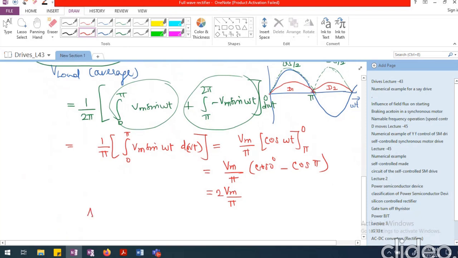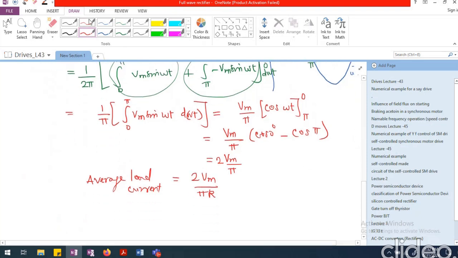Whereas if I try to look at the average load current, that will be 2 Vm divided by pi R, if R is the resistance. I can even calculate the RMS value. If I want to calculate RMS load voltage, it is going to be starting from 0 to pi.